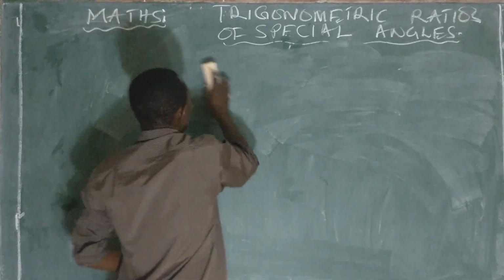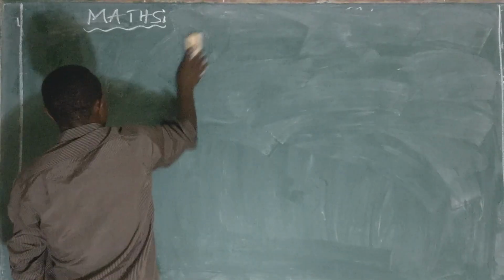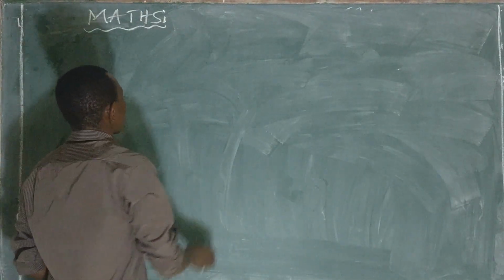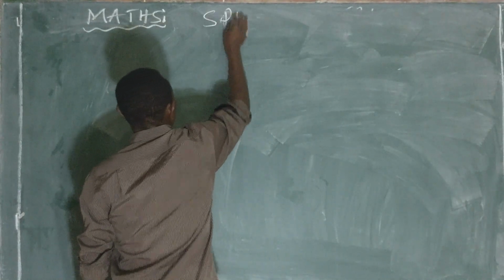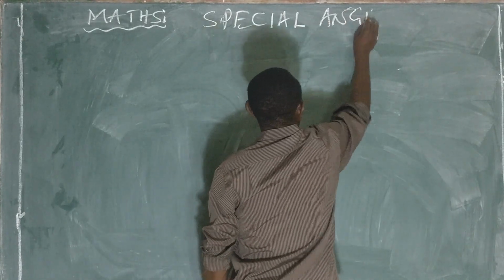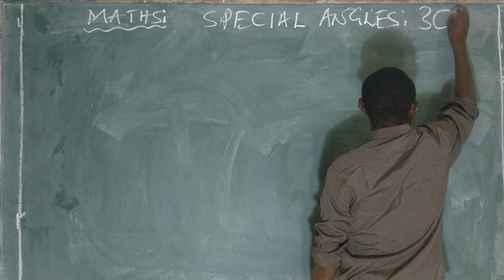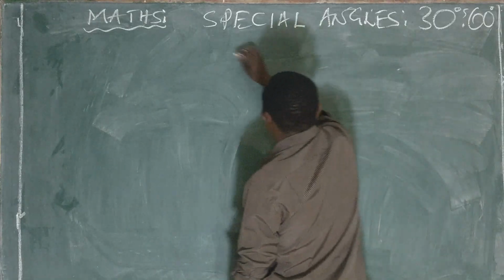Allow me first of all to remove this title in order to create more space for discussion here. So let's have the special angles. Here we deal first with 30 degrees and 60 degrees.